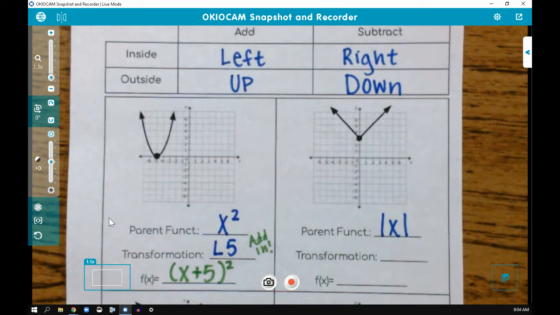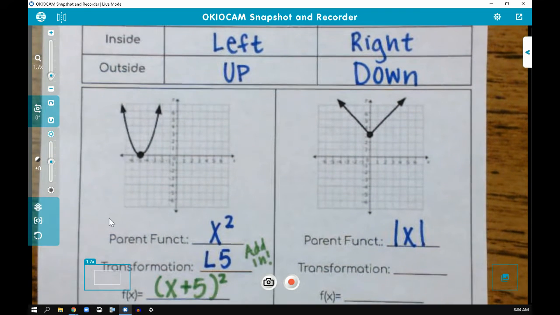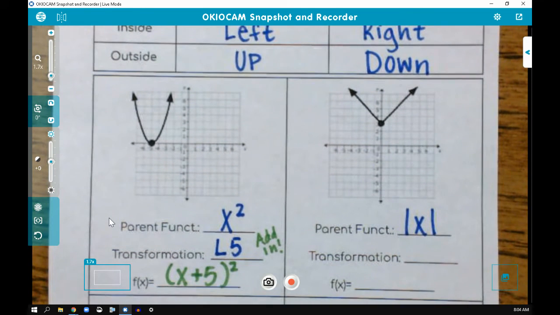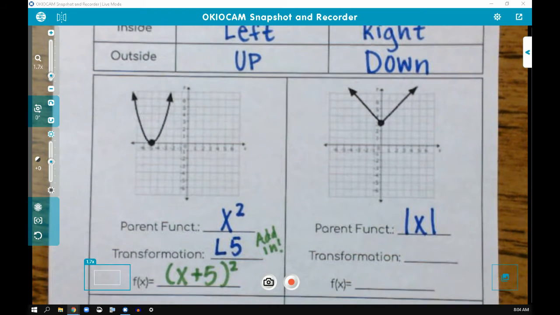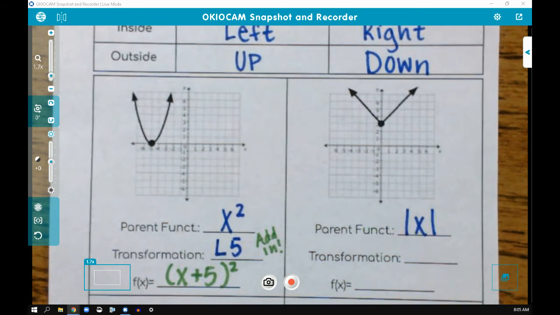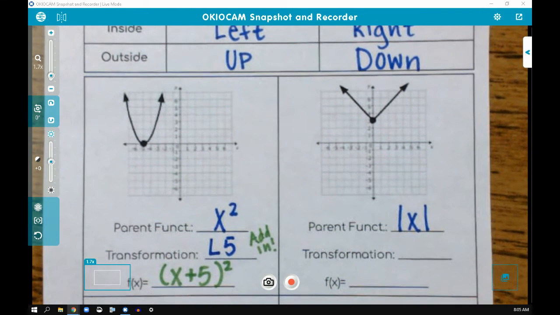And that is the function for an equation that is an x squared function, and then scooted straight left 5. Okay. Any questions on that function? Okay, we can look at the next one then.